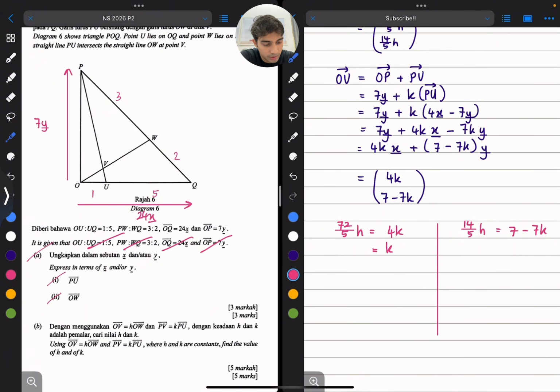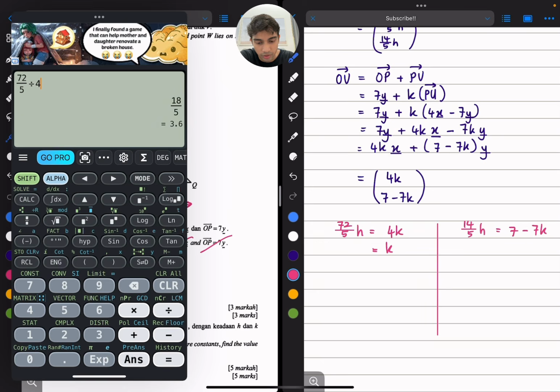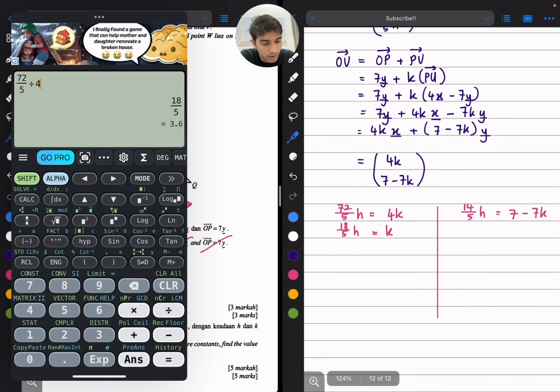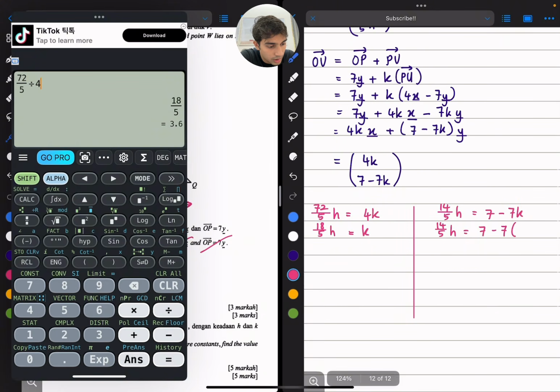So k will be 72 over 5 divided by 4. We get 18 over 5h. Then we substitute this k into this. So 14 over 5h is 7 minus 7k. Then we expand.